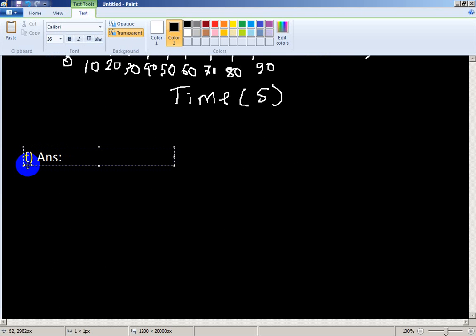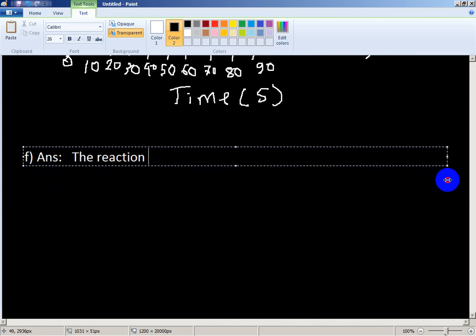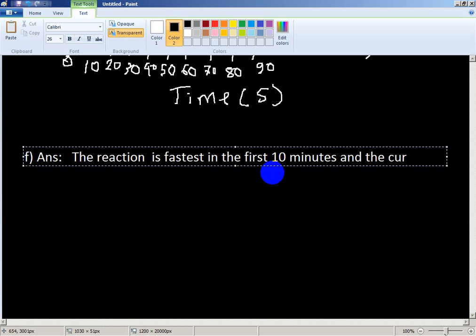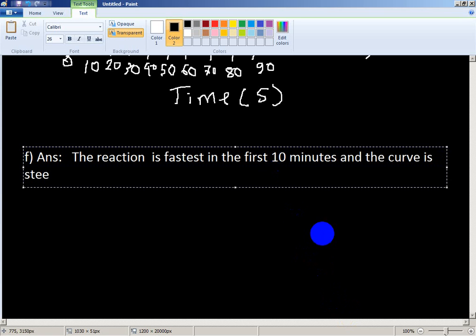The reaction is fastest in the first 10 minutes. And the curve is steepest.